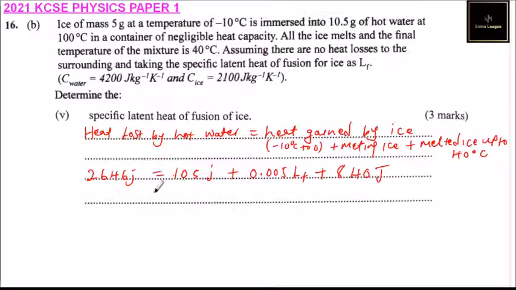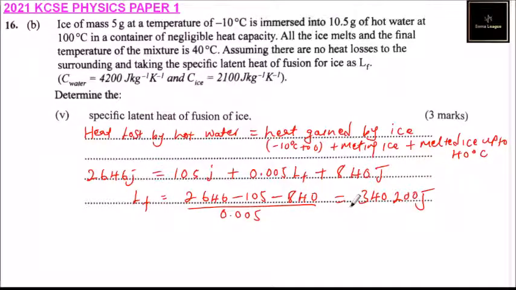If you do that, you can use your calculator. LF is equals to 2,646 minus 105, minus 840, divided by 0.005, and that will give you 340,200 joules per kilogram.